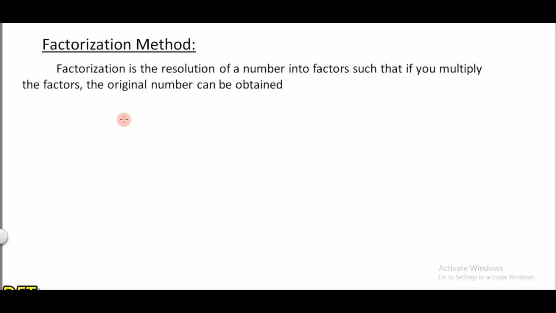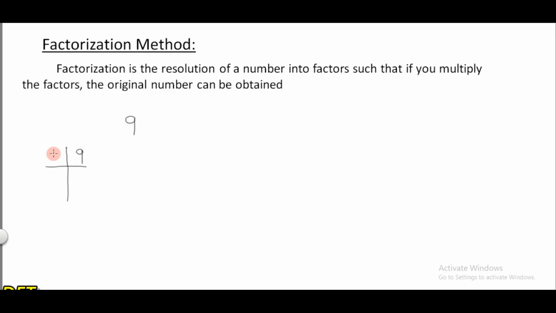For example, if I have something like 9 and I ask you to factorize 9, you're simply going to look for the factors of 9 such that when you multiply those factors, you get 9. A simple way is to draw out a factorization table. Put down 9 here.